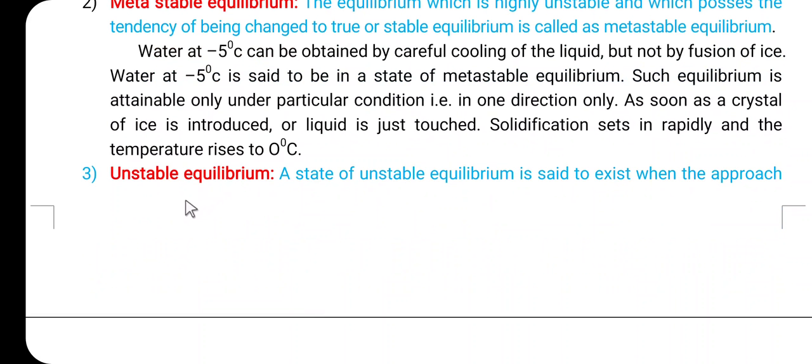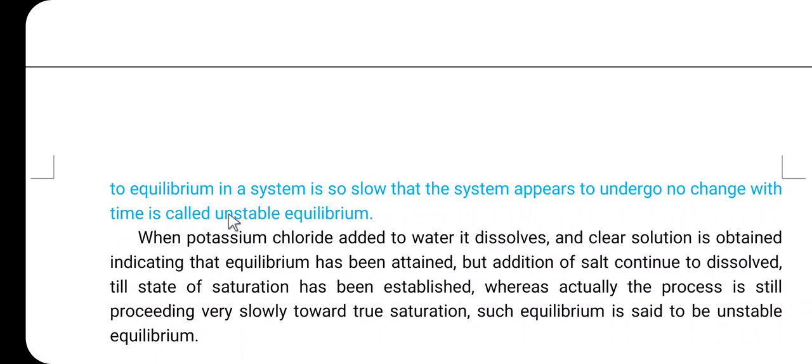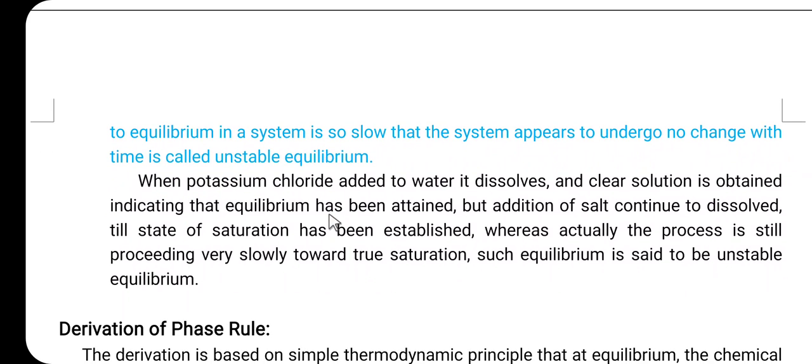Then the third type, unstable equilibrium. A state of unstable equilibrium is said to exist when the approach to equilibrium in a system is so slow that the system appears to undergo no change with time. Let us consider one example just to understand what is unstable equilibrium. When potassium chloride is added to water, all of you know that potassium chloride is soluble in water.